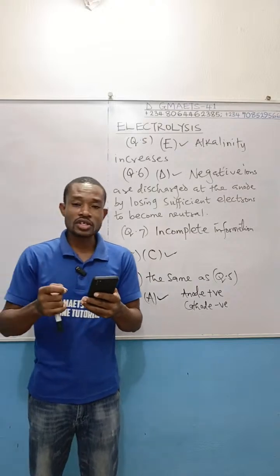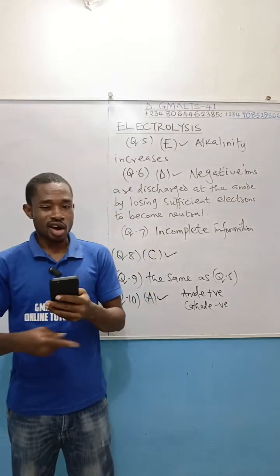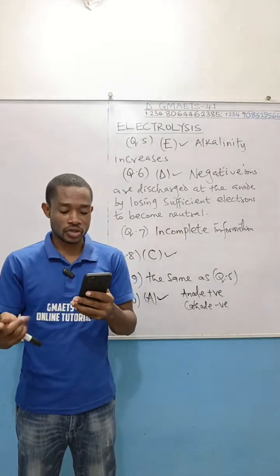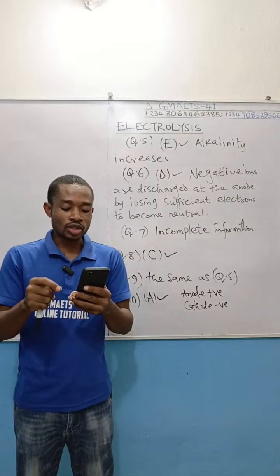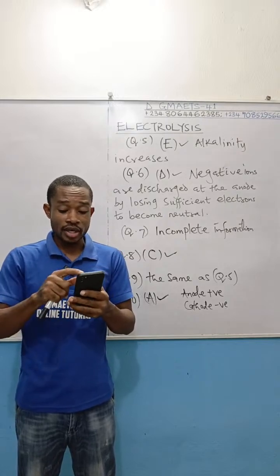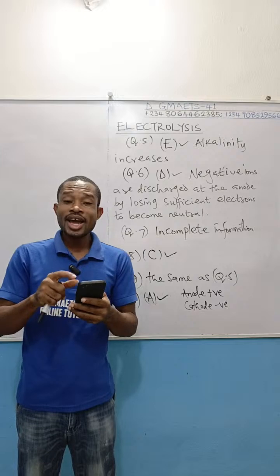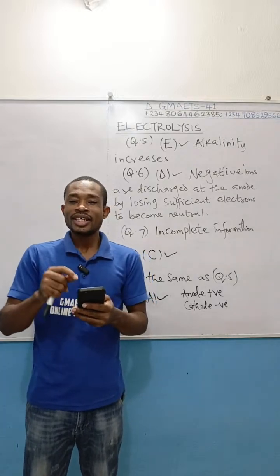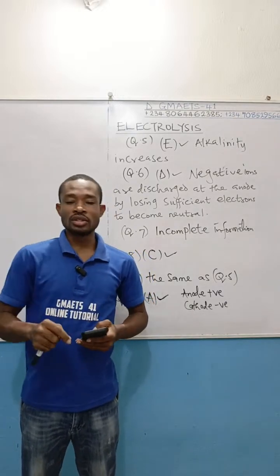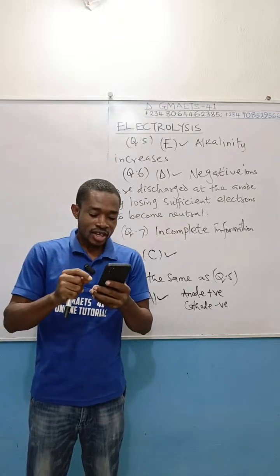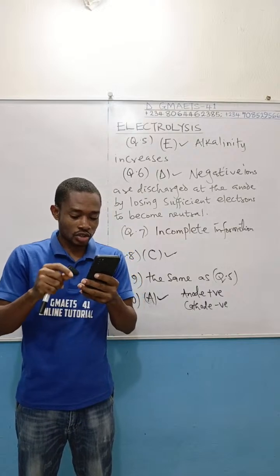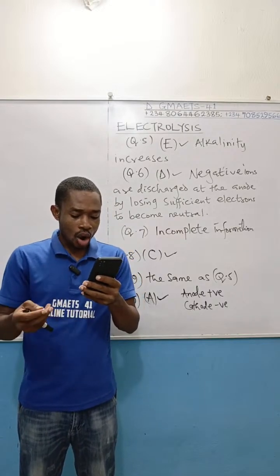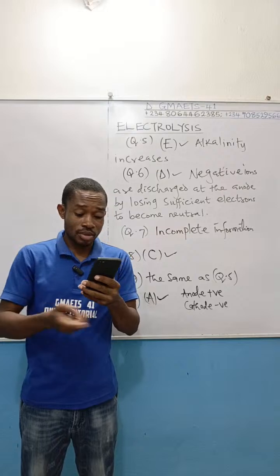So during the electrolysis of copper-2 sulfate between platinum electrodes, if litmus solution is added to the anode compartment, which of the following is observed? The answer to this question will be based on the resulting solution. What is going to happen there? We are told this is the electrolysis of copper-2 sulfate, and you are using platinum electrodes.